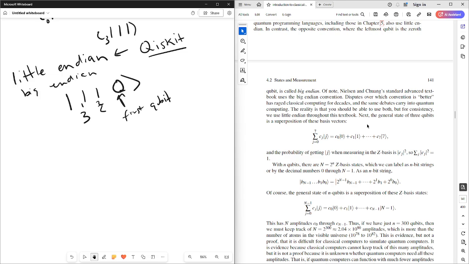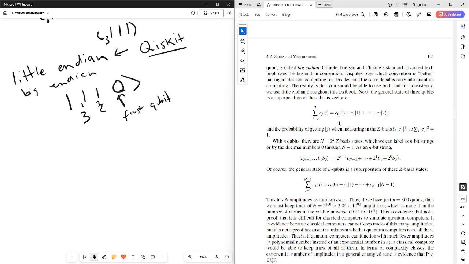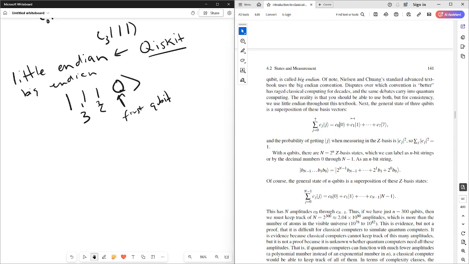So essentially, the general way of writing this is, I'm not really sure if we need to know this, honestly, but let's say we have 7 possible states.